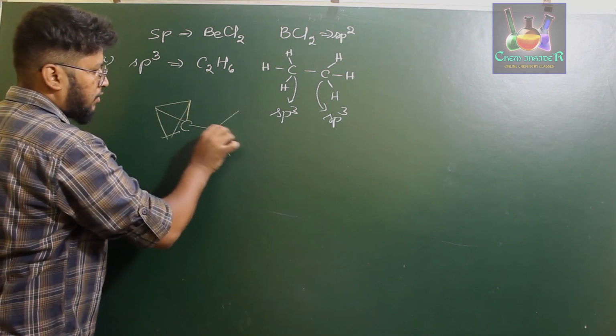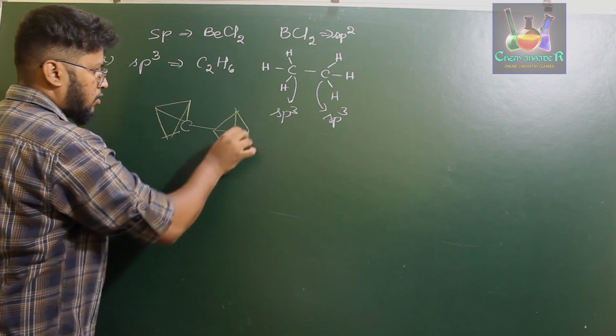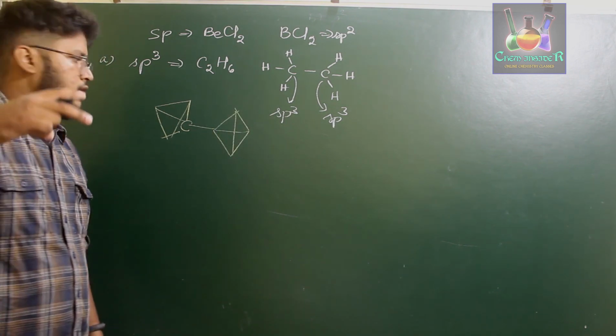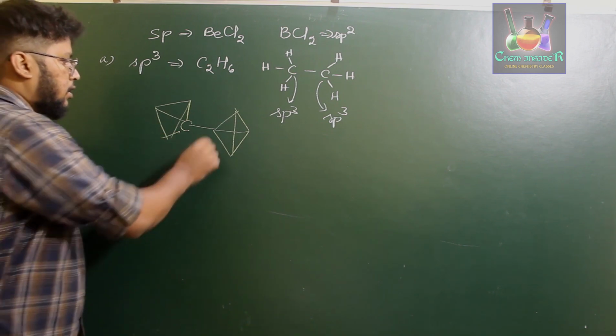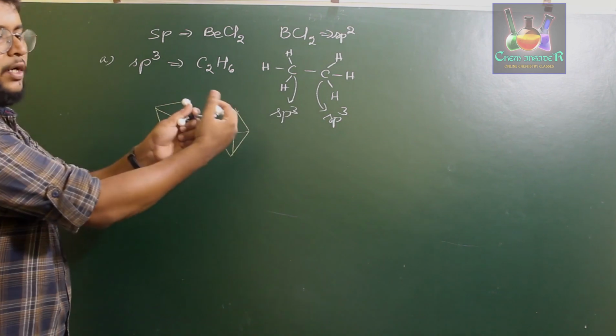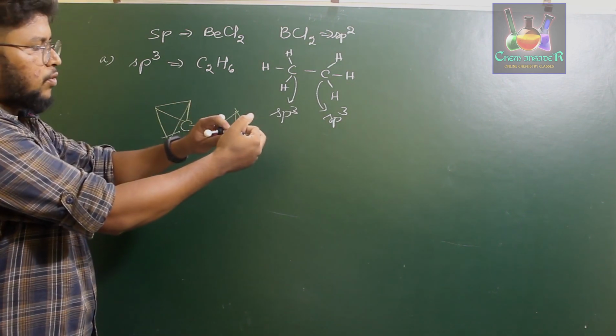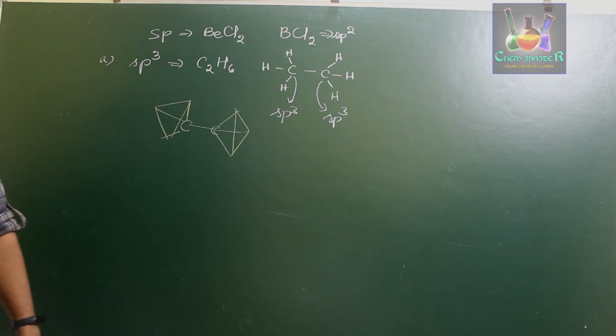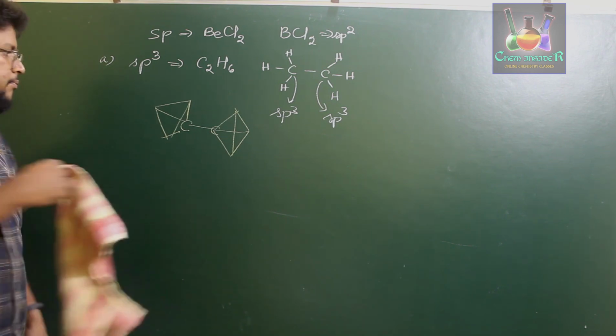Bonded with one more inverted geometry. So that is two tetrahedrals joined by one particular carbon atom at this position. This bond shows that there is one tetrahedral in this direction and one tetrahedral in this direction. Both of them get combined to form a bitetrahedral figure.